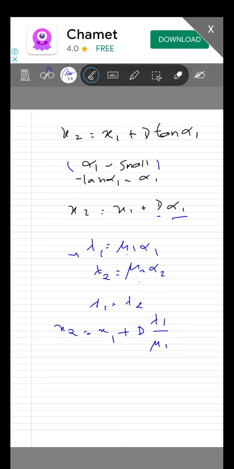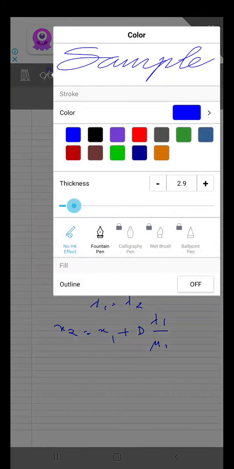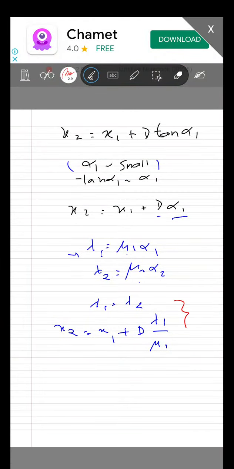If we consider these two equations, one corresponding to the direction cosine and another corresponding to the position, we can write them in matrix form.